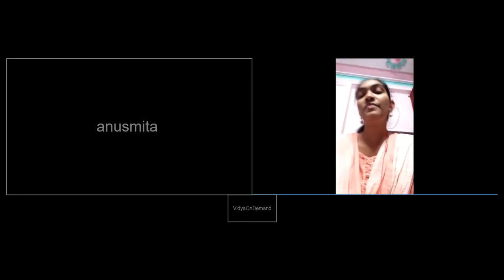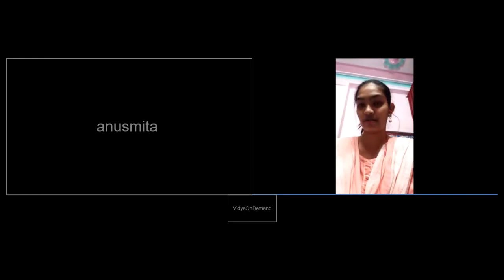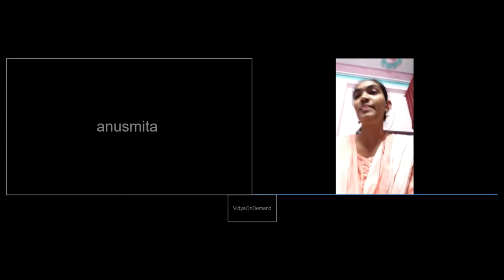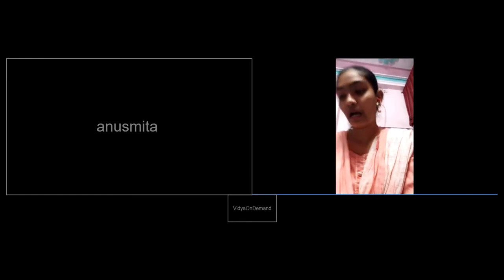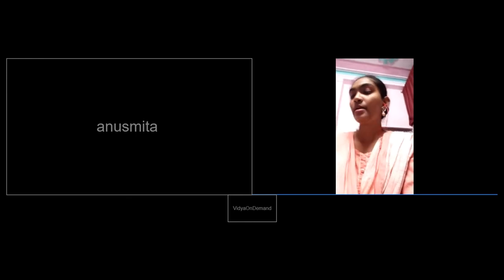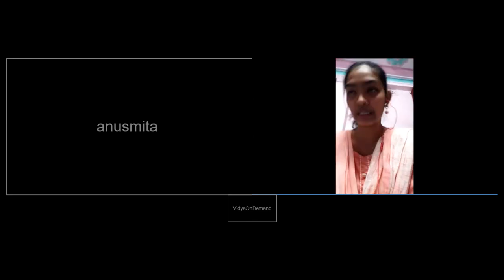In geography we will also learn about spatial integration. Spatial integration means what? Spatial means space. In a particular space, how people are integrated within that particular region, how space deals with people with unity.